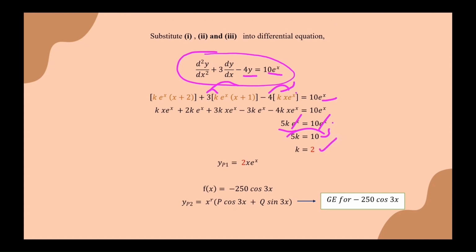Once you have determined the value of k, we just need to substitute it back into the general equation that we figured out just now, which is yp1 equals k x e^x. So you will get yp1 equals 2x e^x. This is your answer.